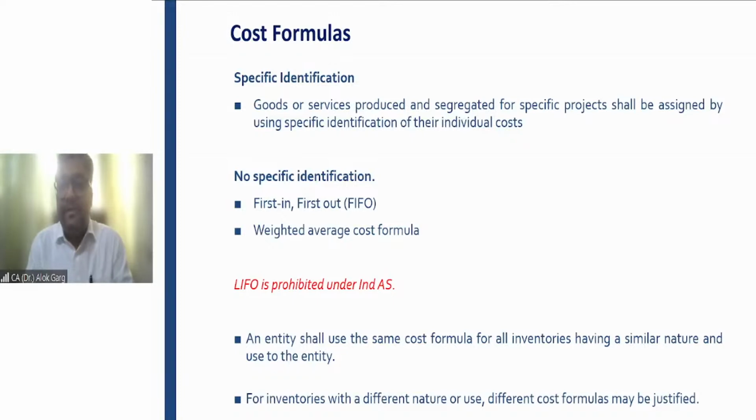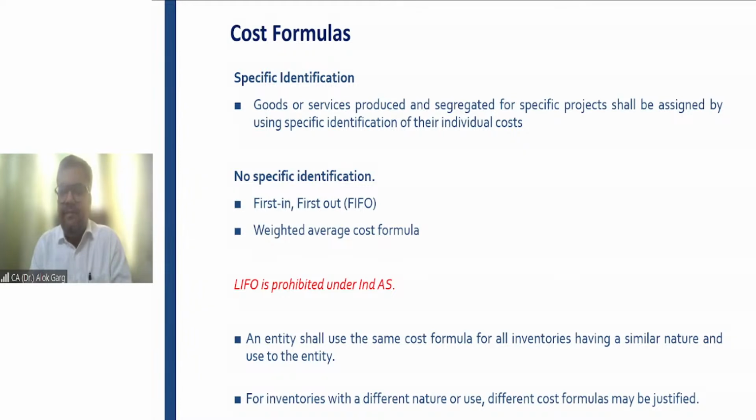Now the question comes, what is the value of these 130 scooties, right? Because you have a similar product. So what should be the value of these 130 scooty? Can I say this 130 scooty belongs to 100 scooties which I purchased in the month of January and 30 scooties which I purchased in the month of October?